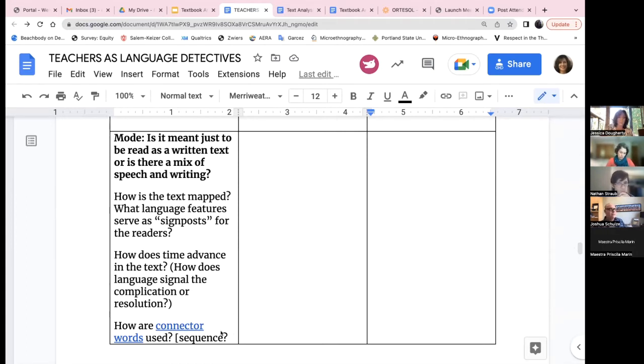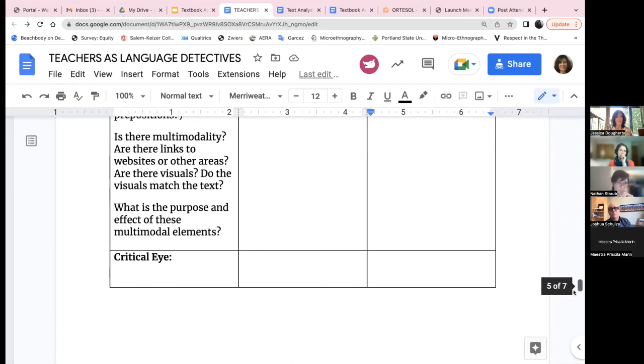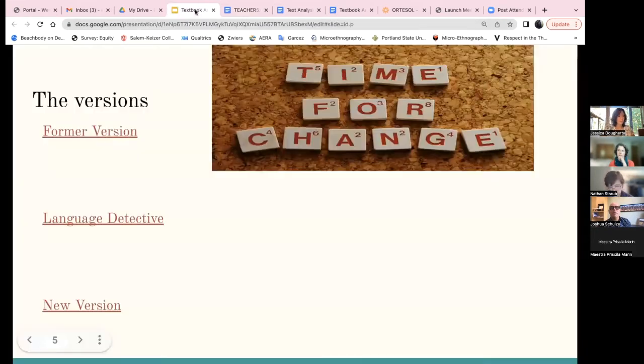We need to help our students understand that, especially if English is a new language for them. There are a lot of specific things that they can look at when analyzing that part of the text to see how it's working. So that's really short, but we can move on.